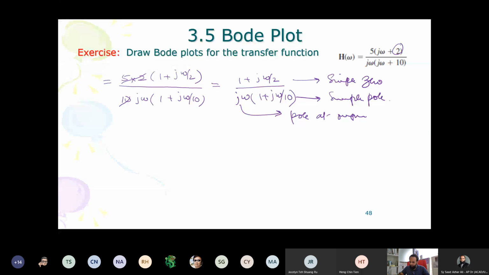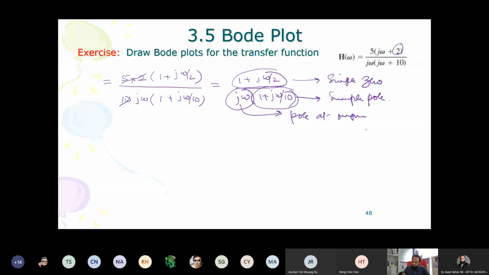Don't have a slide next to it, so I have to do it here. Okay. So we're doing just the magnitude plot. So once again, we have a pole at origin, 0 at 2, and a pole at 10.